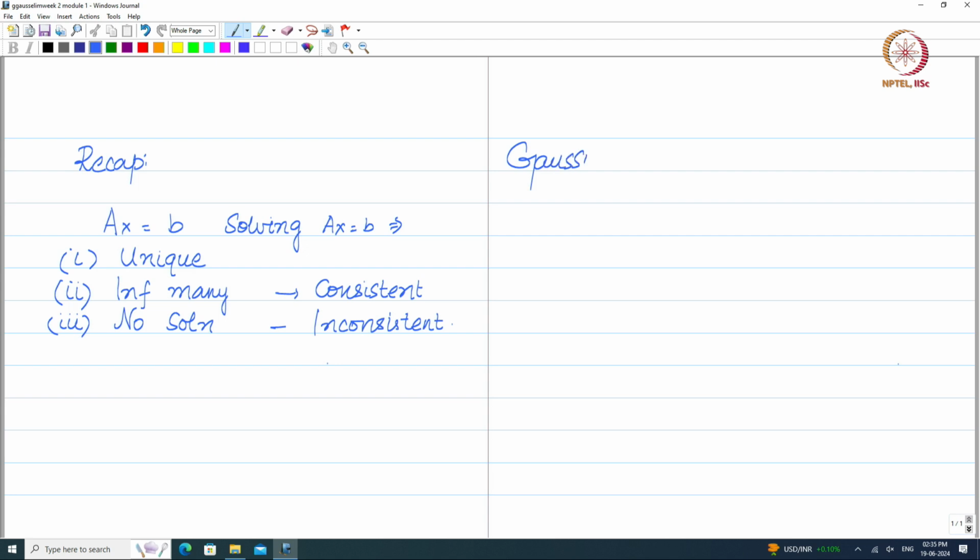Recall a general system of m linear equations in n variables is expressed as a11 x1 plus a12 x2 plus a1n xn is equal to b1. Similarly, a21 x1 plus a22 x2 plus a2n xn is equal to b2.